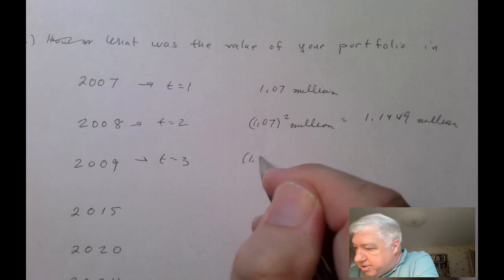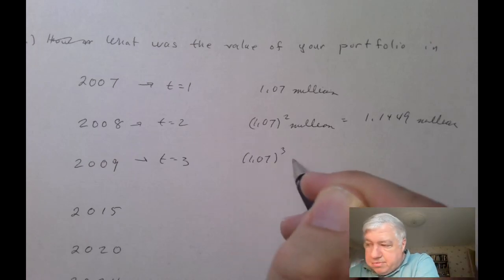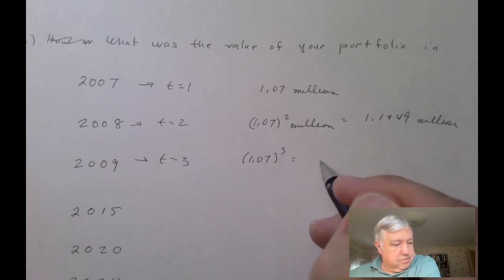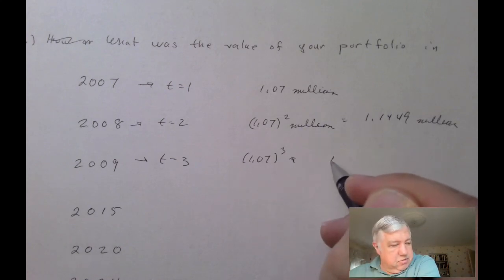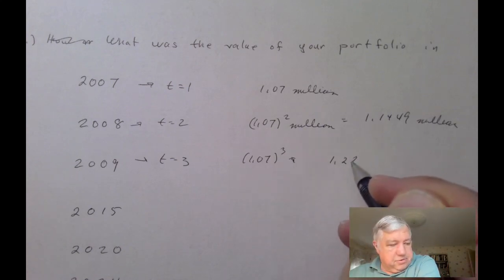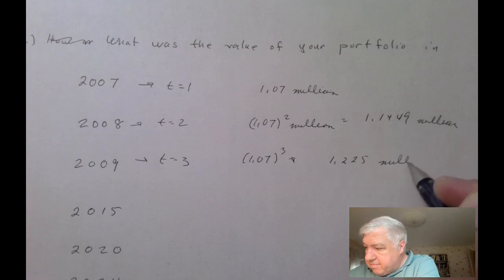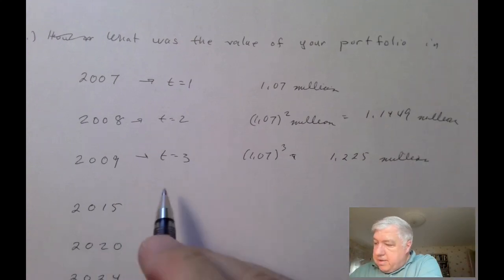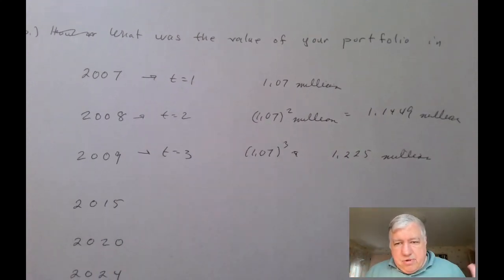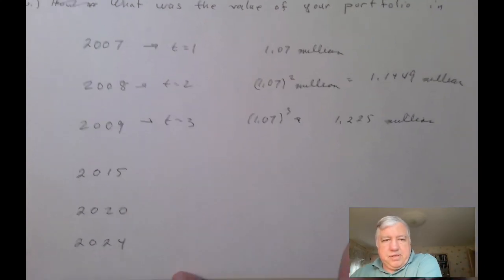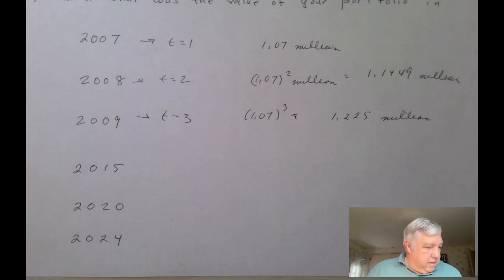So this would be 1.07 cubed, which is approximately 1.225 million. I'm just reading this because you can do this on your calculator, include all the digits. But I'll just write in terms of a million.